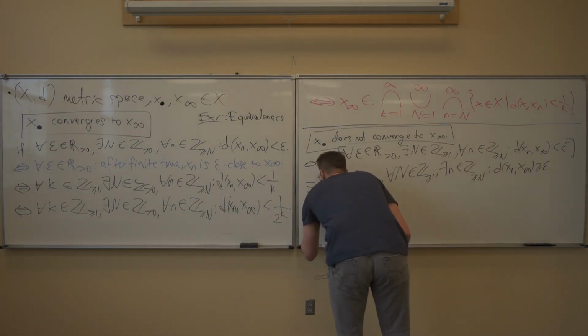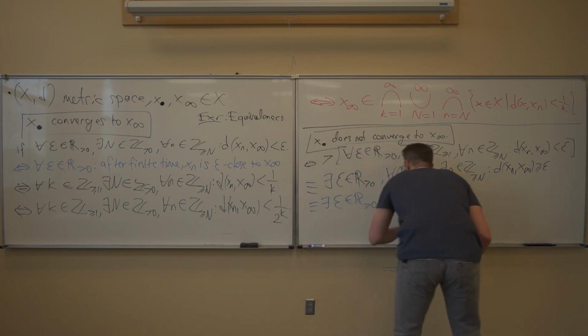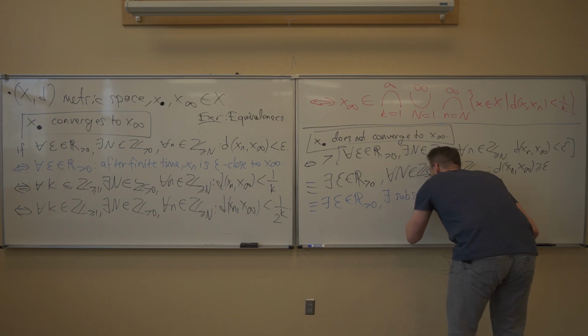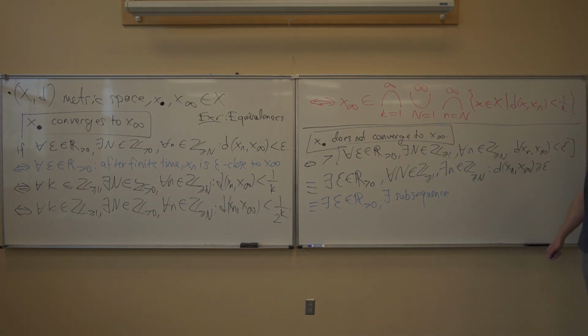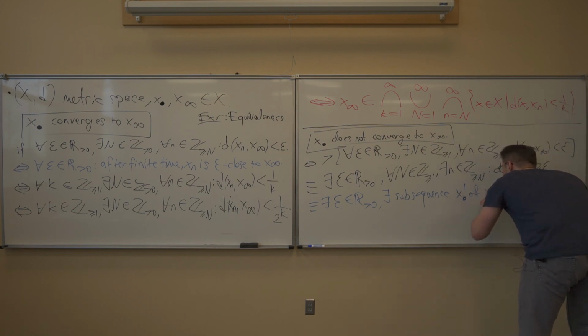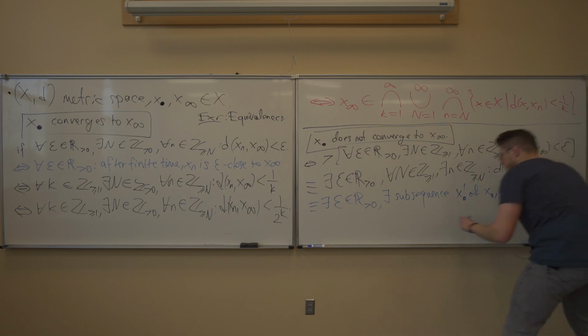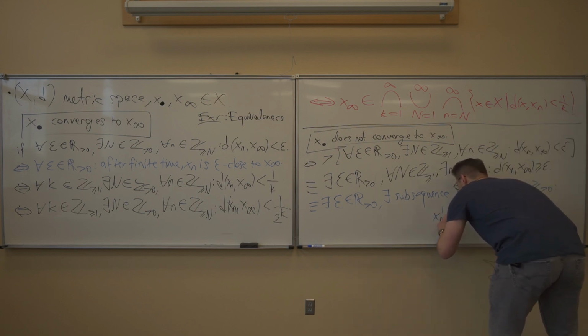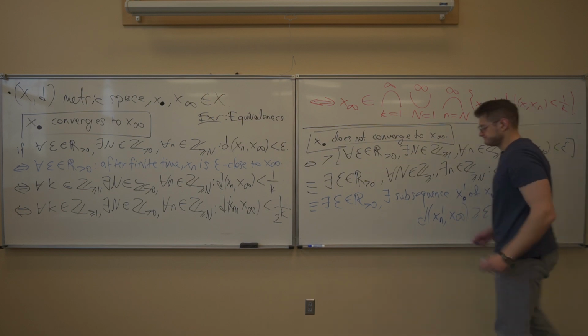So there is a subsequence, let me just denote it by x prime bullet, such that for any n, the distance between x prime sub n and x infinity is bounded from below by epsilon.